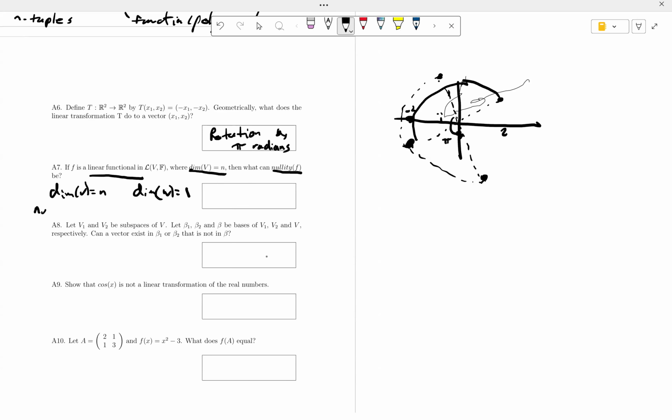The nullity of T plus the rank of T equals n, or the dim of V. But the rank of T is less than or equal to the dimension of W, which equals 1. So because of this, rank is less than or equal to 1.